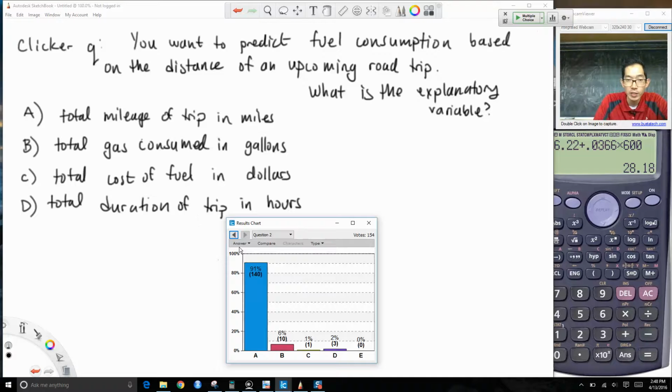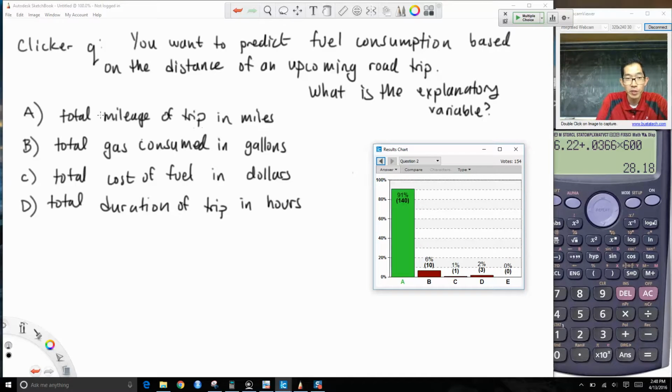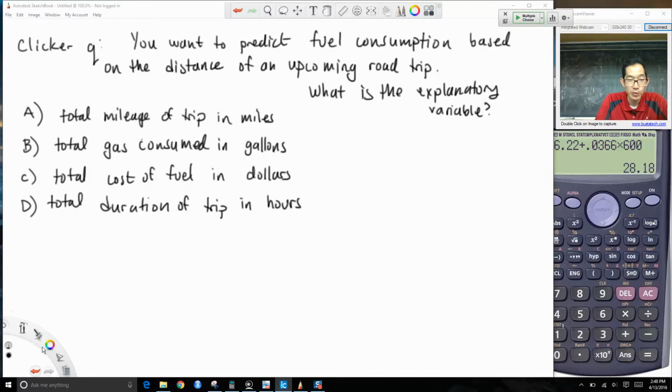And that is indeed the answer. Answer is answer choice A. We are looking at the total mileage of the trip. Okay, this is the explanatory variable. Wait, hang on a second, I got one more. Explanatory and the response.